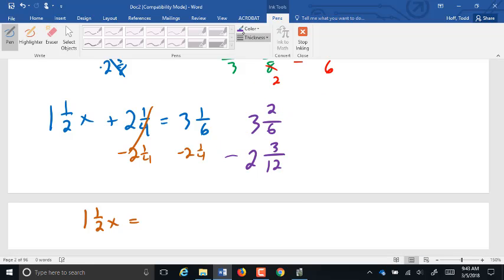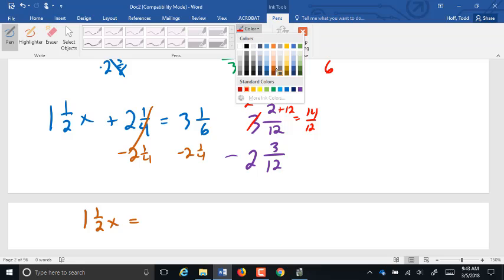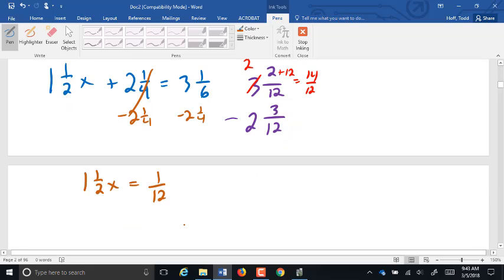We've got 2/12 minus 3/12 can't be done, so we borrow from the 3. That becomes a 2. This becomes 14/12. 14 minus 3 is 11/12. The 2 minus 2 is 0. So we got 1 1/2 x equals 11/12.